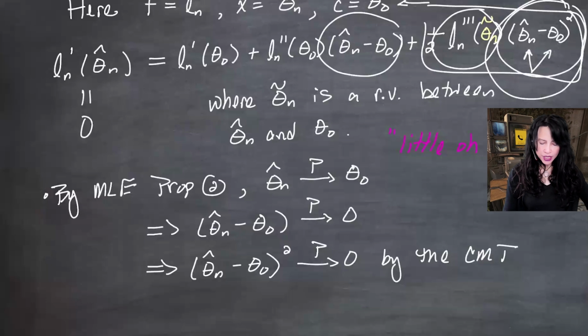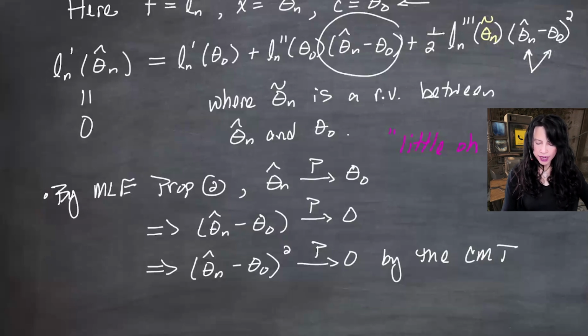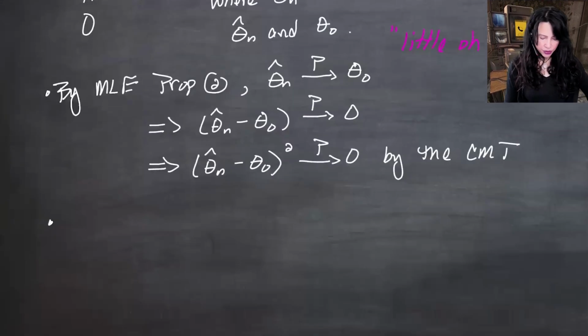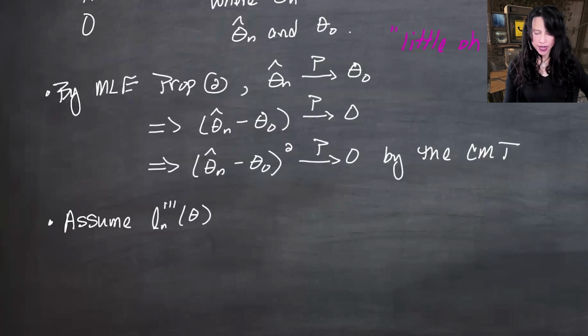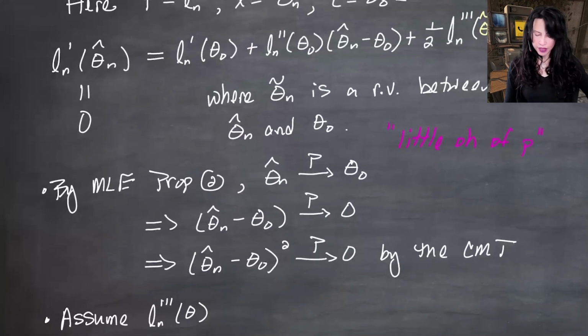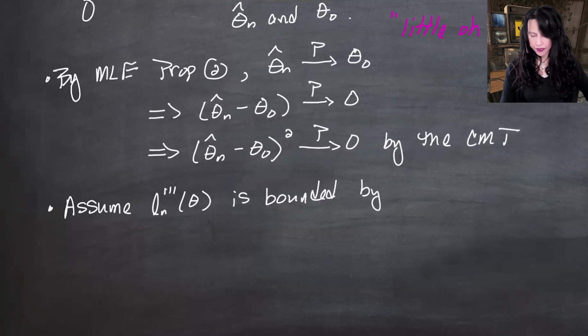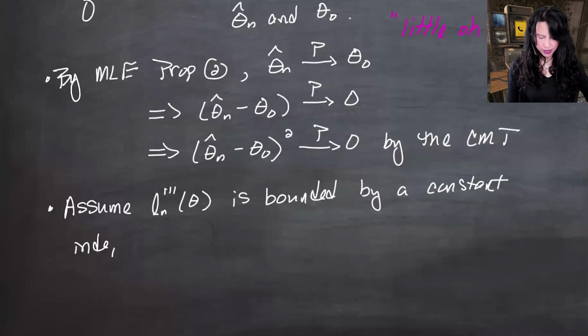And this is going to add another regularity condition to our list of things. We're going to assume that the third derivative of the log likelihood, and right now I've just written it as a function of theta, we're going to assume that this is bounded by a constant that is independent, you might say uniformly bounded, independent of n and theta.